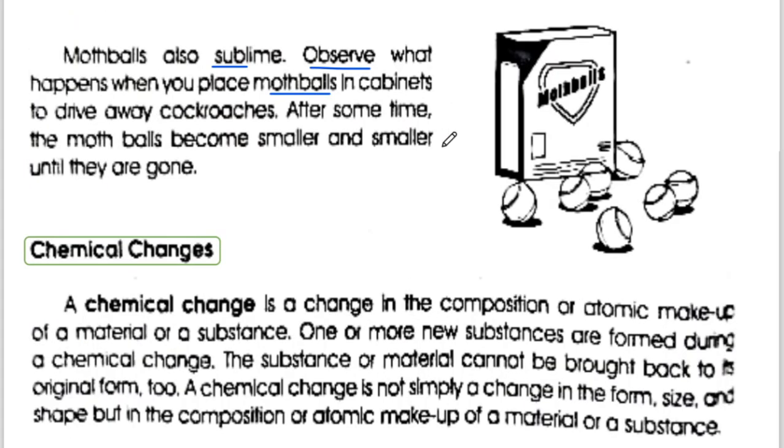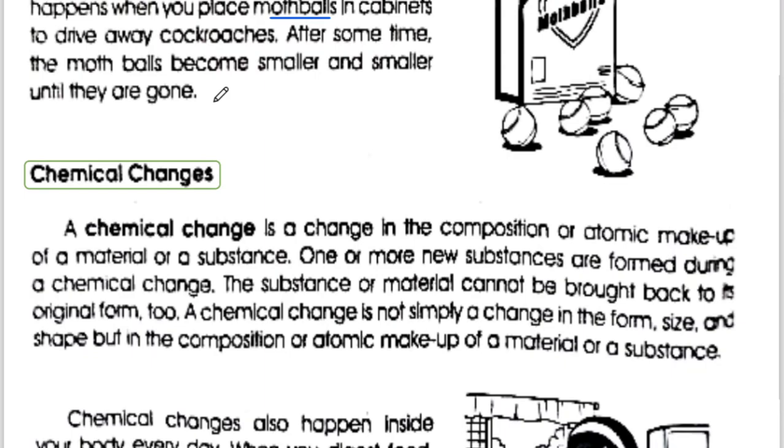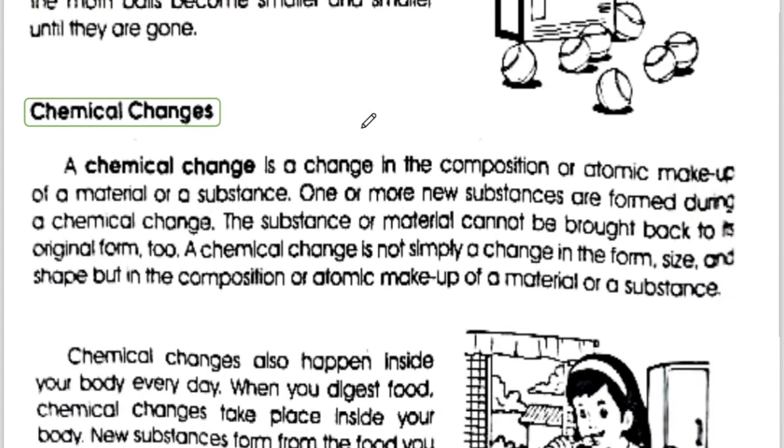Now let's proceed to our chemical changes. So this is our second change of materials. First, we have physical change, and second, we have chemical change. Now, what is chemical change?